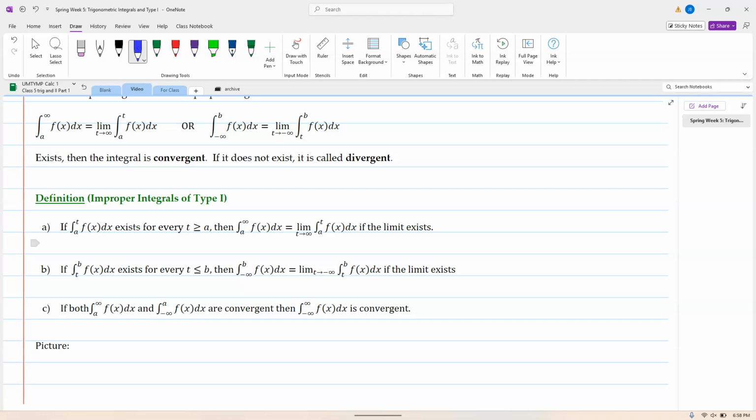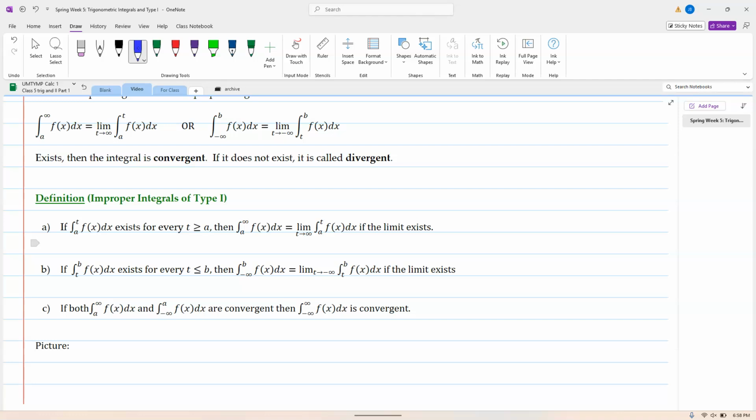So if both sides of the integration from a constant are convergent, then it's convergent overall. So there you go.